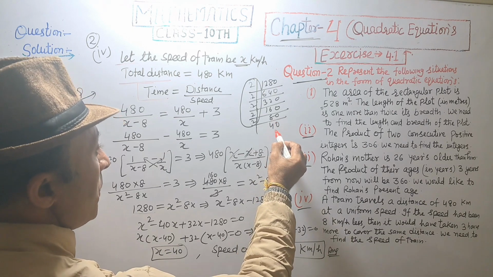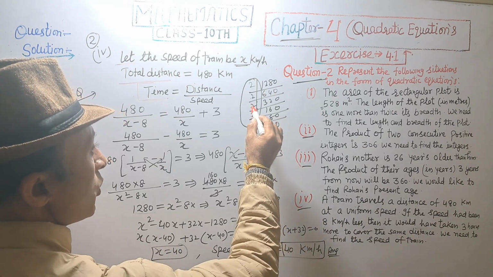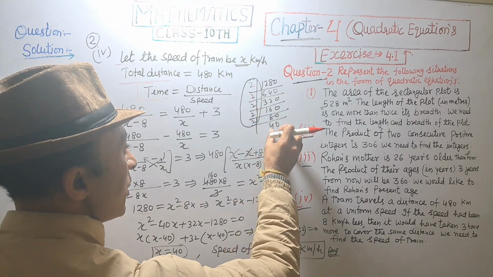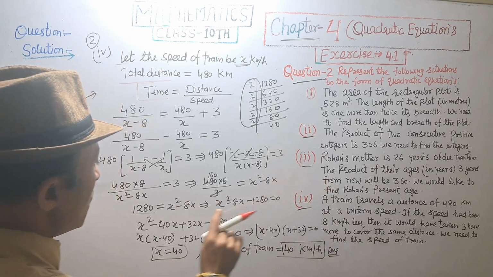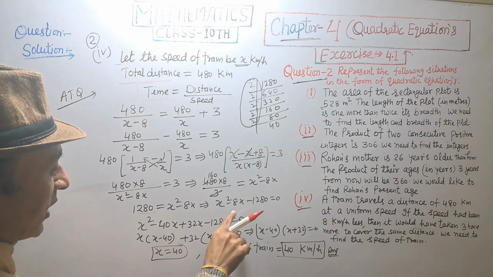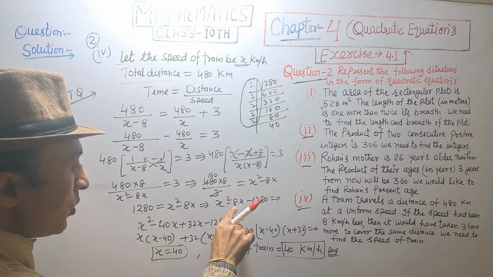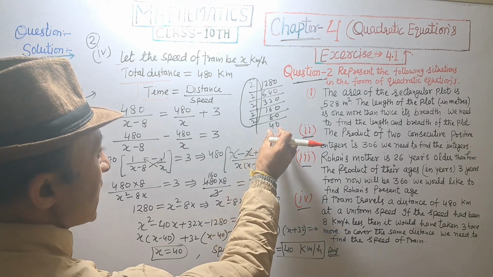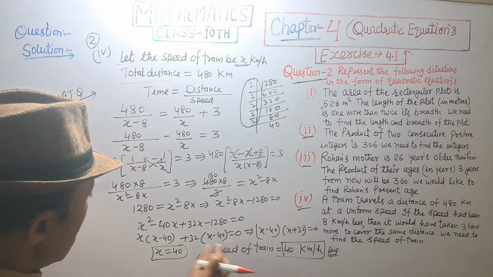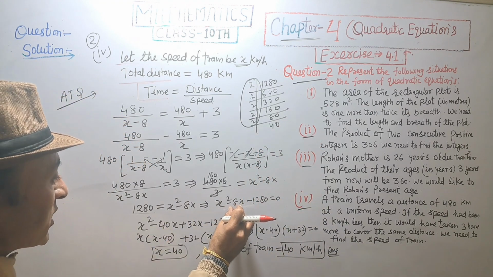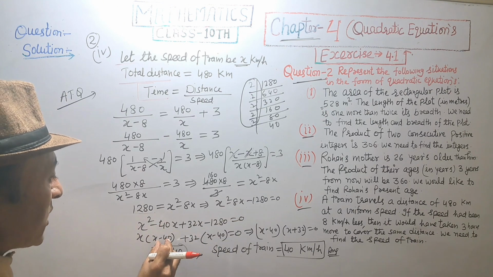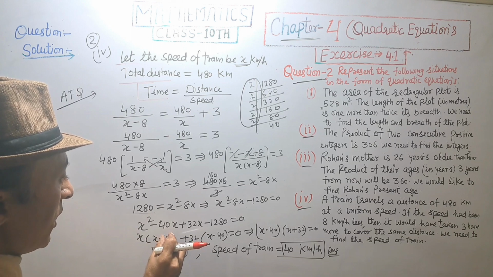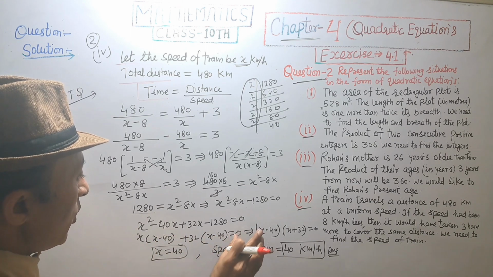40 minus 32: 2 twos are 4, 2 fours are 8, 2 eights are 16, 2 sixteens are 32. When we subtract 40 minus 32, we get 8, and we want minus 8x, so minus 40x plus 32x, that is minus 8x. x is taken common, x minus 40 in brackets, and 32 is common, x minus 40 in brackets equal to 0.